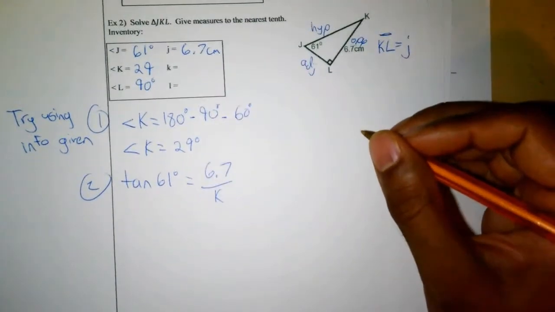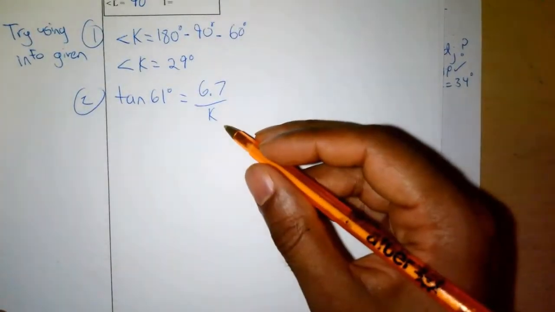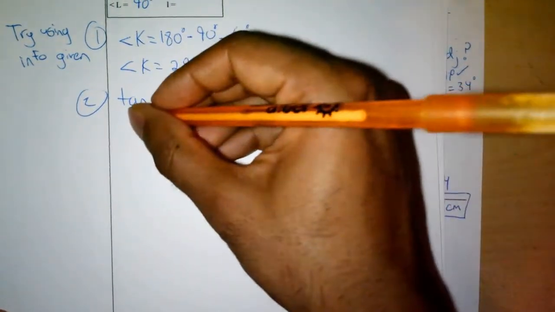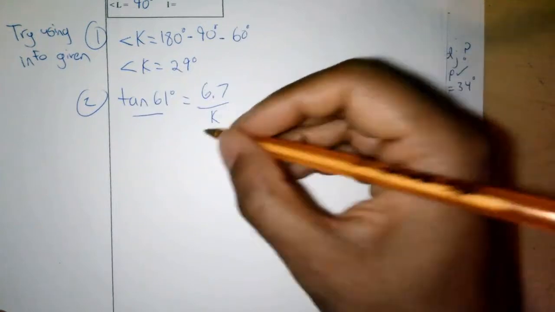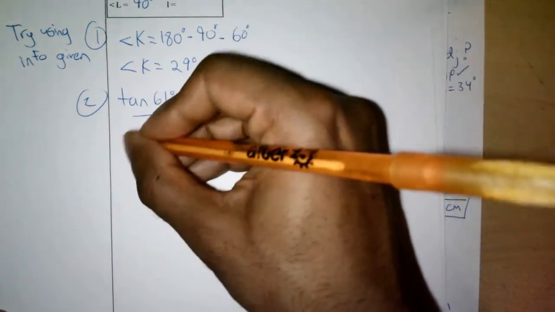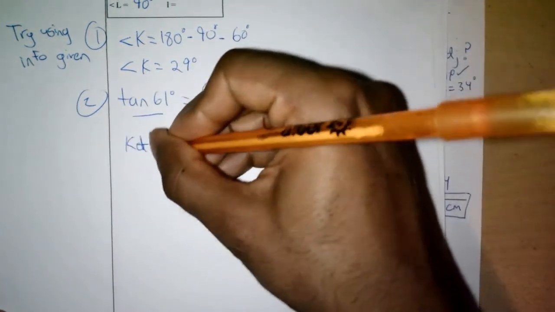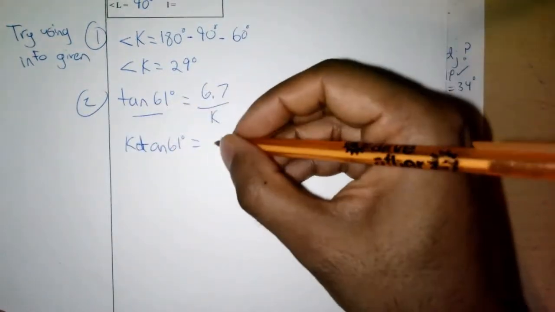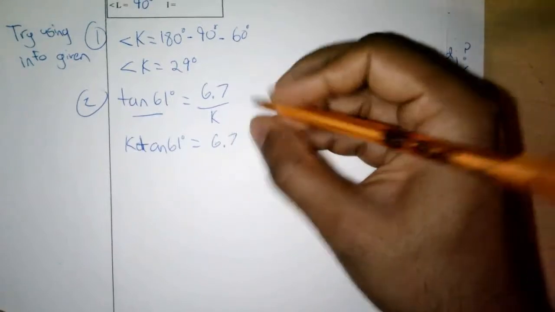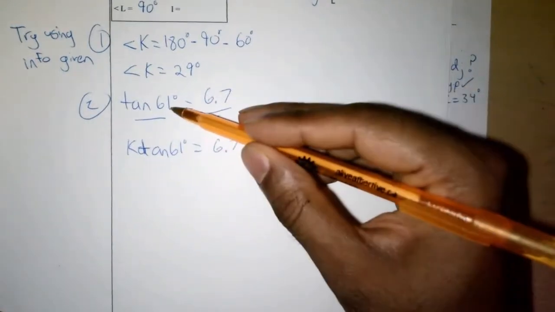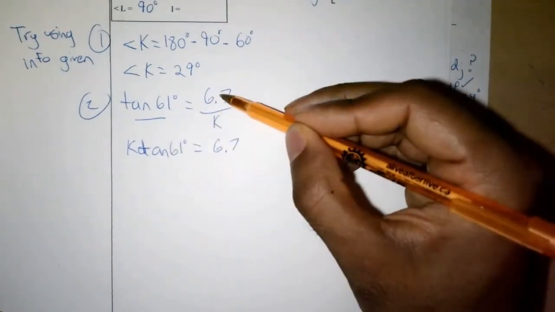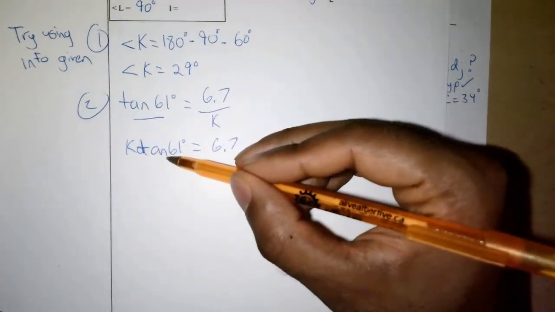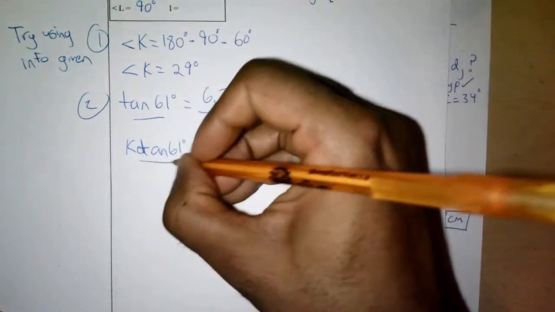So from here, what you got to do is isolate the K. So you can multiply across. Okay, so K times tan 61 is equal to 6.7. So again, how I did that from here is I did K times tan 61, 6.7 times 1 is just 6.7. And now I'm going to divide this side by tan 61. I'm going to divide this side by tan 61.